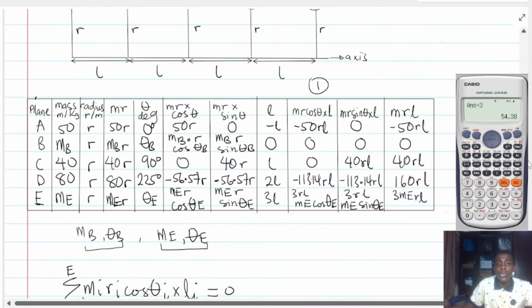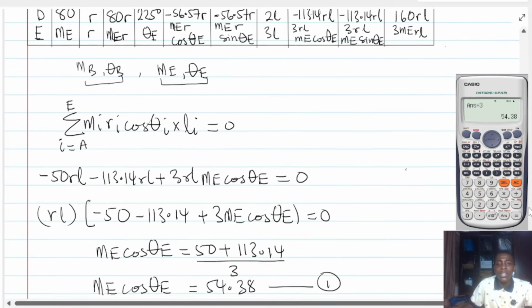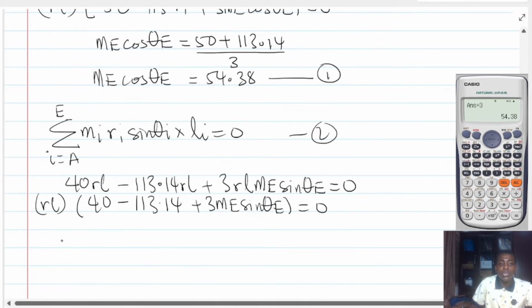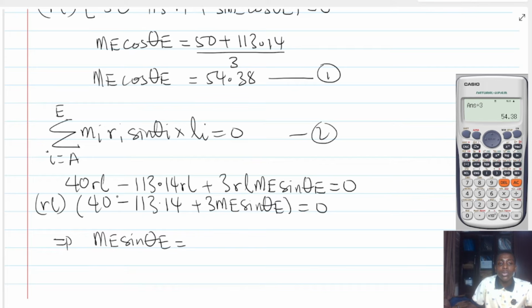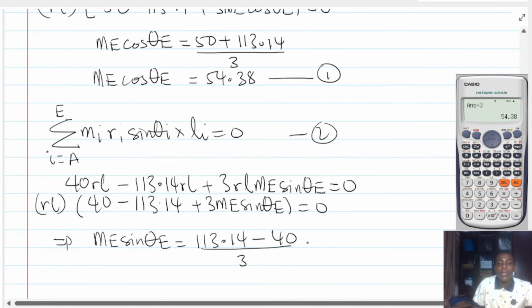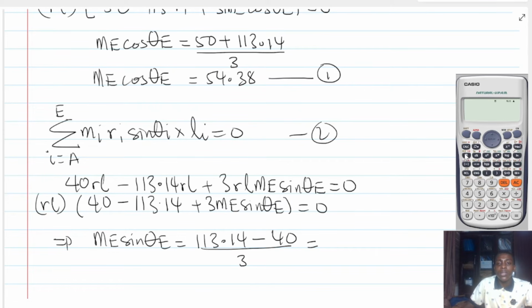Now after this, I divide through by RL and say that my ME sin theta E is going to be 113.14 minus 40 divided by 3. And what is that? So 113.14 minus 40 divided by 3. And that's going to give me 24.38. Let's call this equation 2.